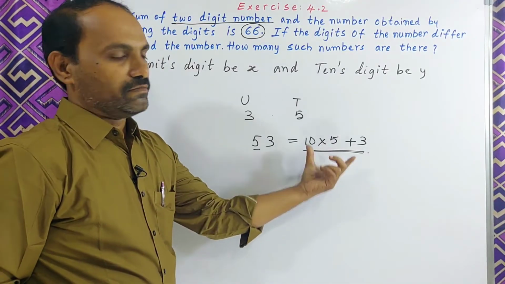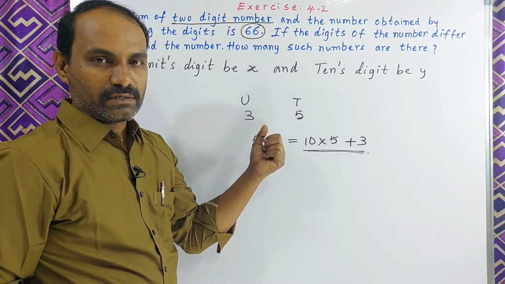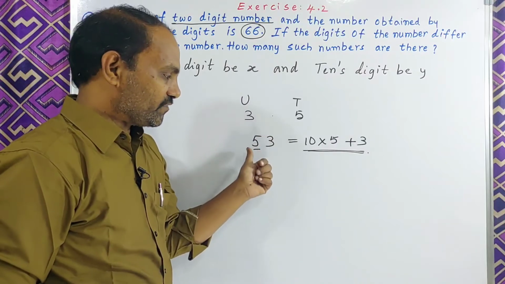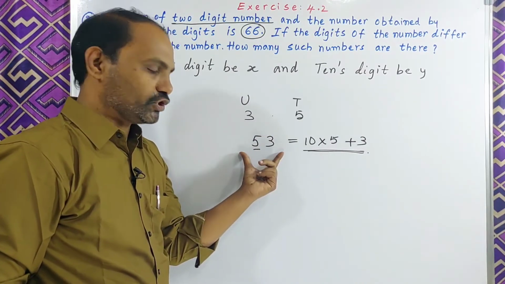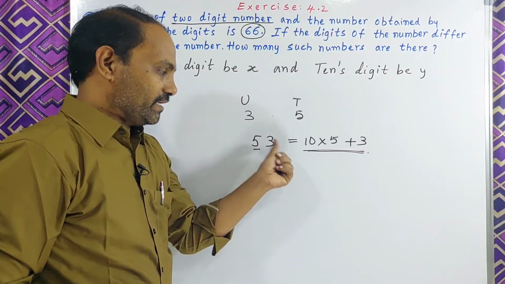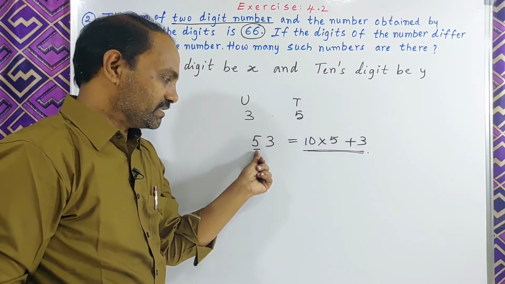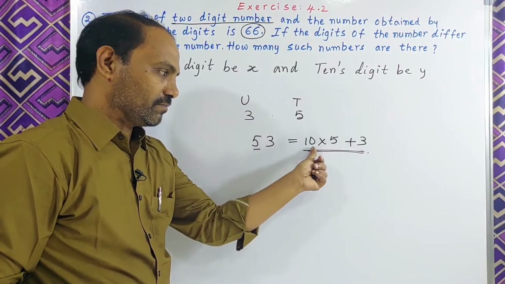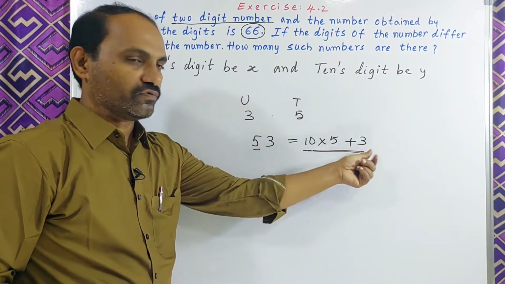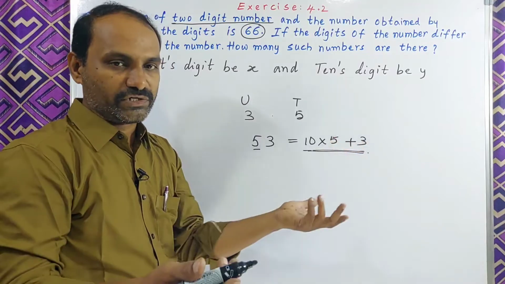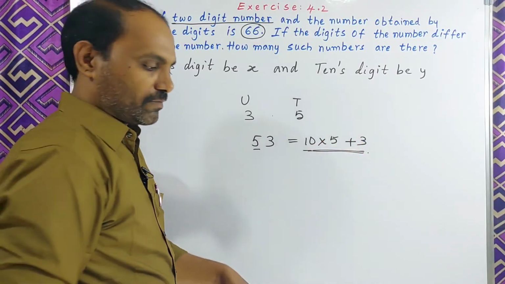For example, 53 is a 2-digit number. You can write the expanded form as tens digit into 10 plus units digit into 1. No need to write 1, because that number only comes here.